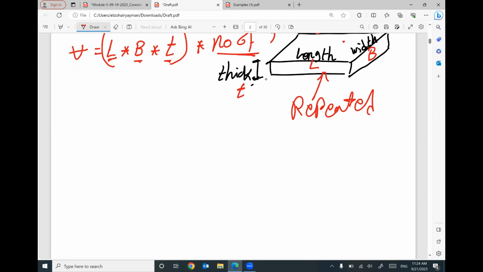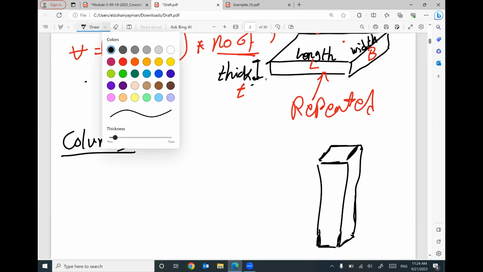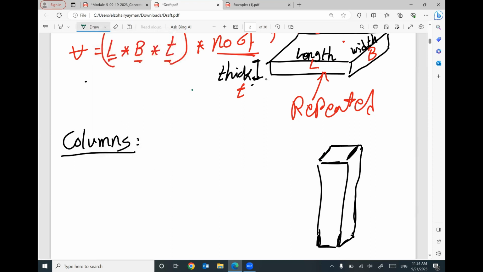Keep in your mind, we have columns. Your column in real life looks like this in 3D. The same idea. If you would like to figure out the volume of this column, you need to multiply this cross section. What is the length?